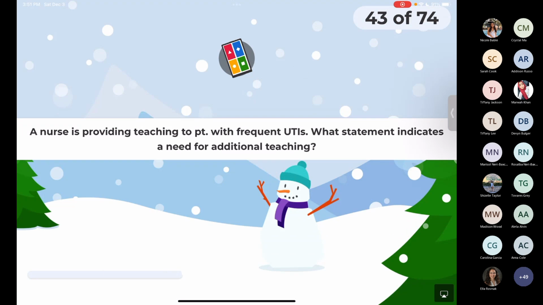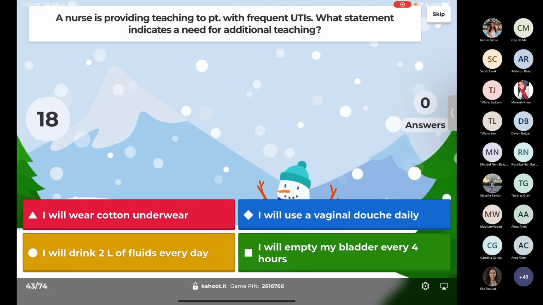A nurse is providing teaching to a patient with frequent UTIs. What statement indicates a need for further teaching?